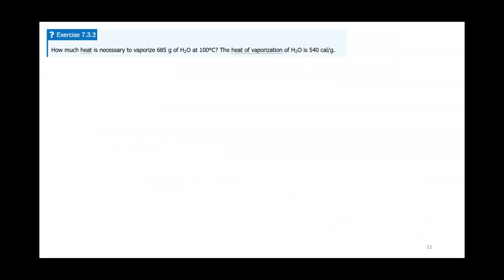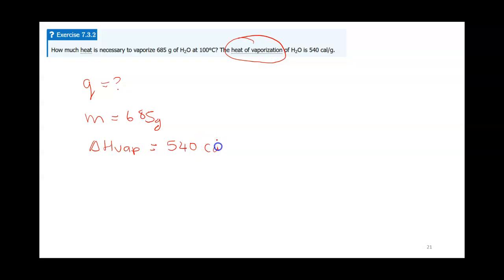Here is another one. It says how much heat, so we're trying to solve for heat, is necessary to vaporize 685 grams of water. So our mass is 685 grams at 100 degrees Celsius. And then it says the heat of vaporization equals 540 calories per gram.